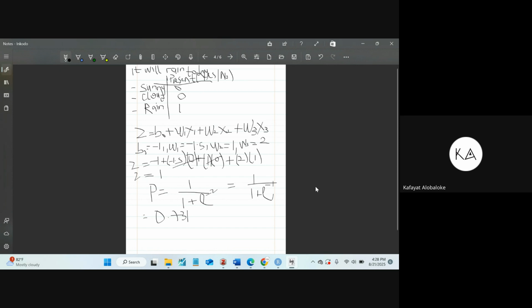Then you calculate the model weight or the weighted sum, which you then apply in the sigmoid function to obtain the probability, which you then apply the decision rule on, and then you interpret your probability. In this case, we classify the sentence as a weather sentence. So is there any question based on this?